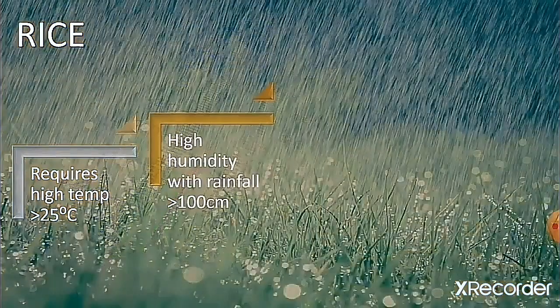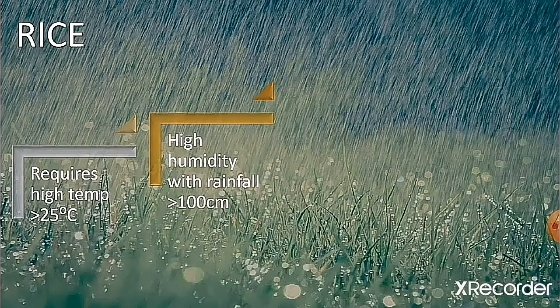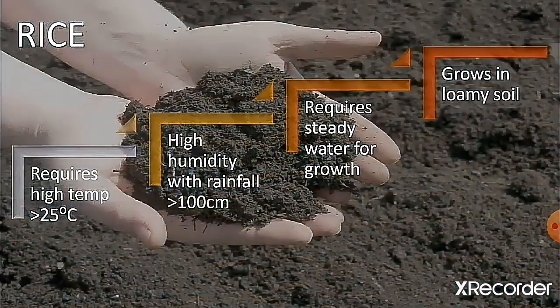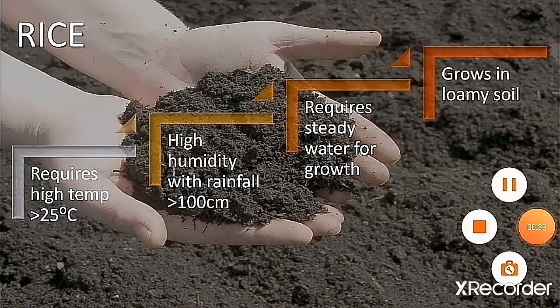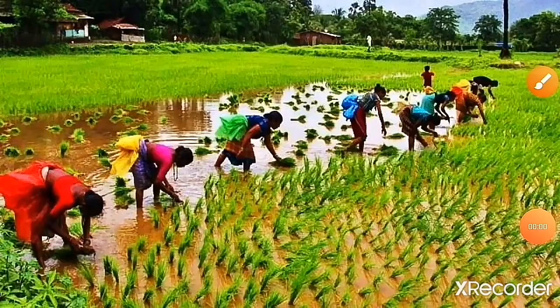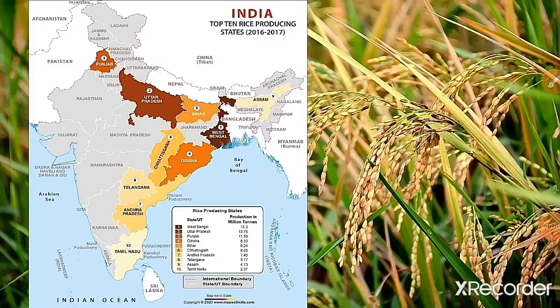It needs an annual rainfall of nearly 100 centimeters and above, and it requires steady water for growth, and it grows well in clay or loamy soil. It also needs abundant supply of cheap labor.